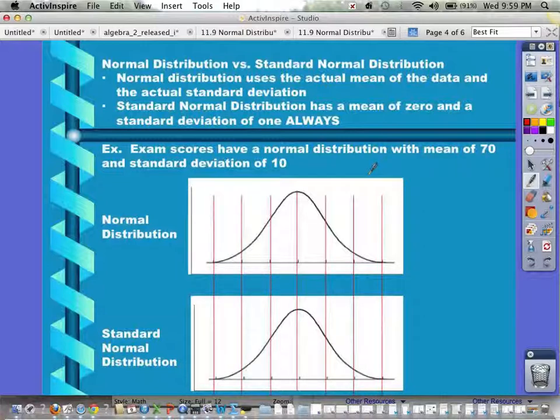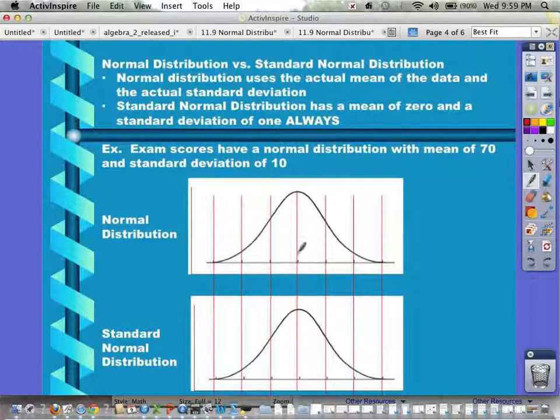Normal distribution versus standard normal. Okay? I put these over top of one another so you'll see it's exactly the same thing. It's just written a little bit different. Normal distribution uses the actual mean of the data. Say you have test scores and the mean was 80. That would be the number that goes right here.